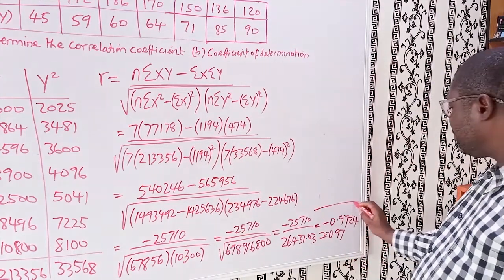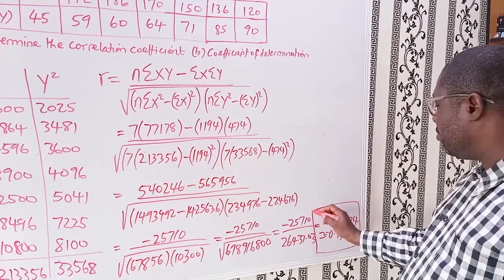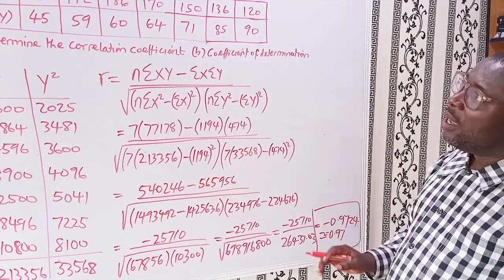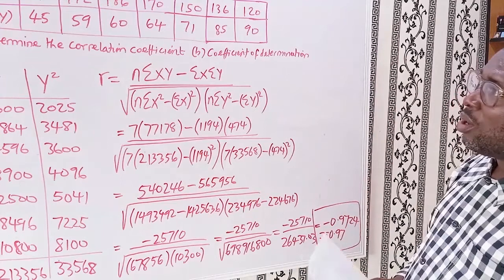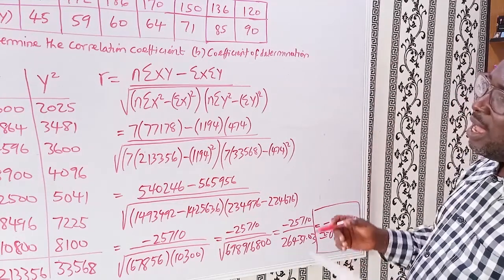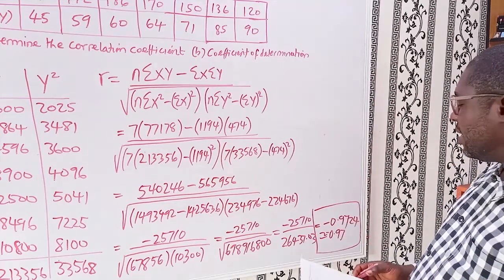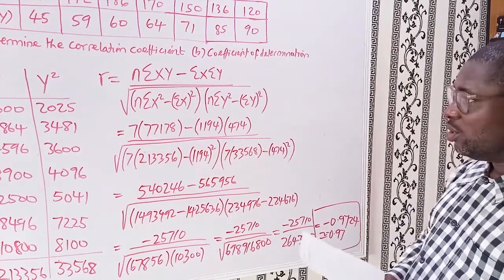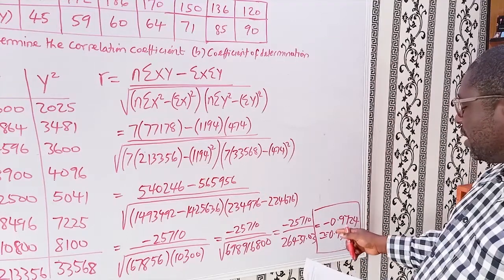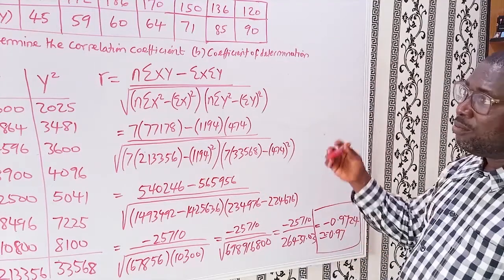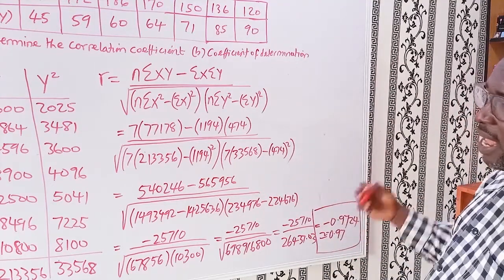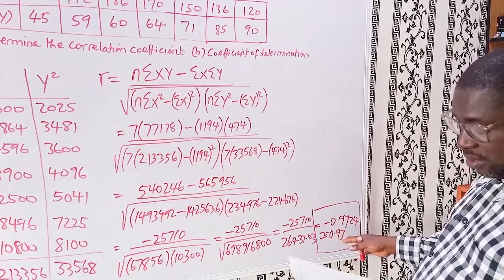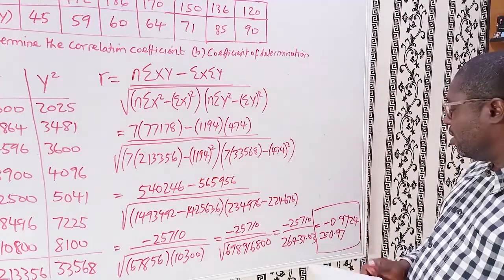This means that the relationship between lateness at work or loss of manpower and output is very strong, but there's an inverse relationship between the two. So there's an inverse relationship between manpower and output. So that's what is in there, showing the negative relationship.